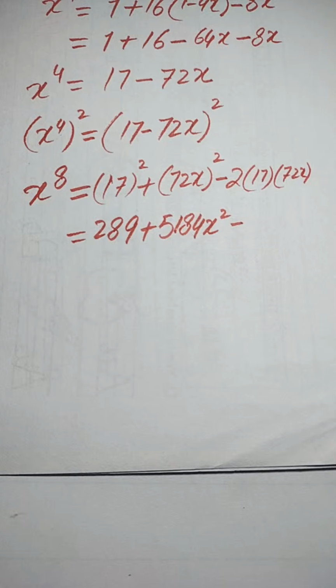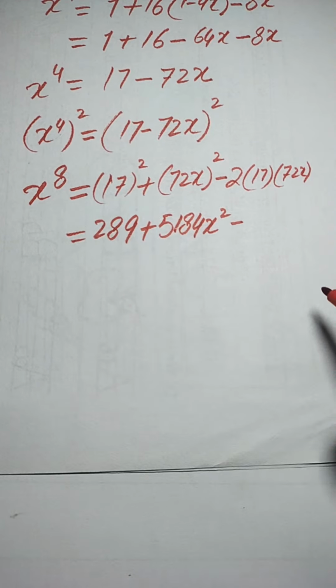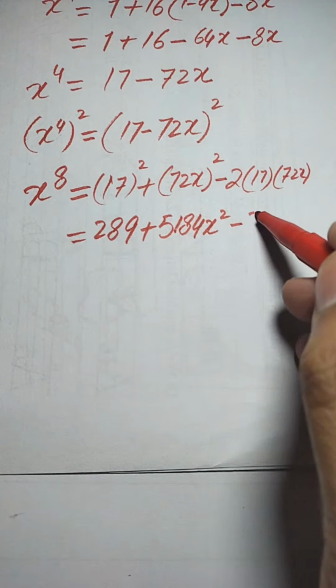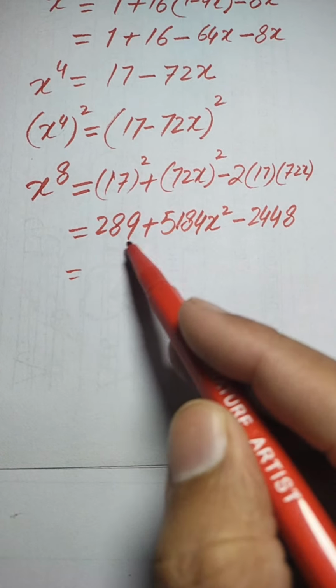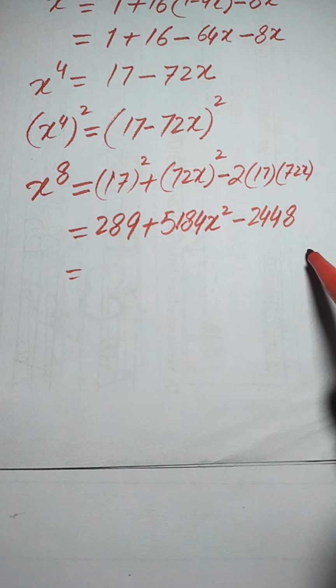So when we multiply all of these three values, it will be written as 2448. So in the next step we need to subtract these two values.